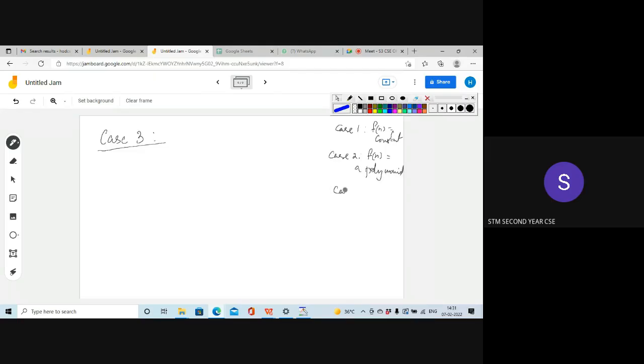And now we are going to case 3, when f of n is an exponential function, that is some number raised to n. Okay, example. So this is the third case.